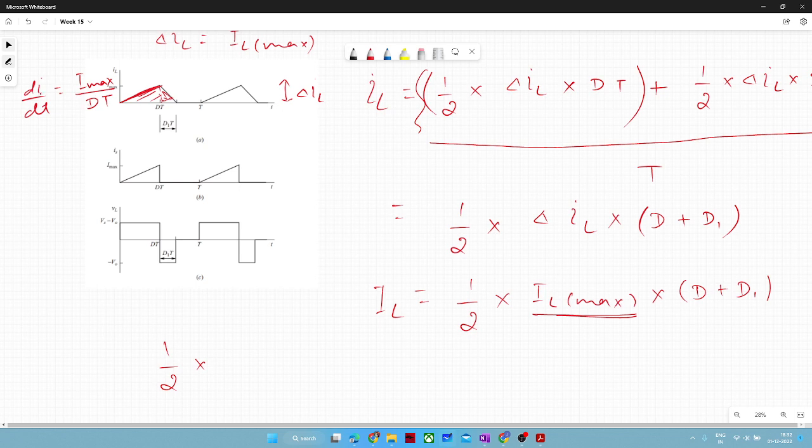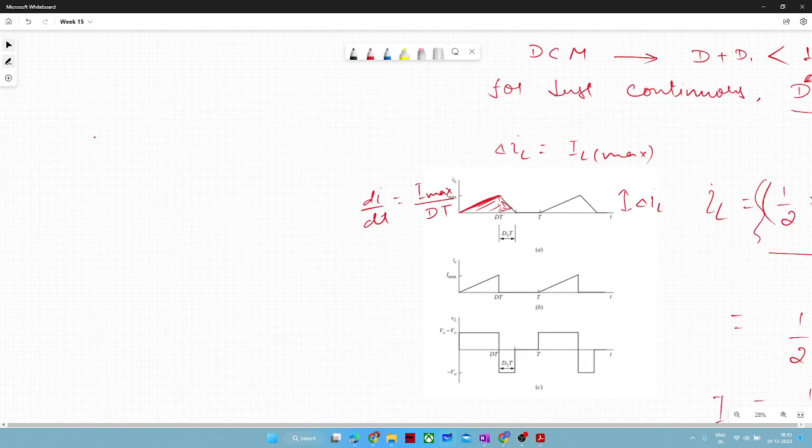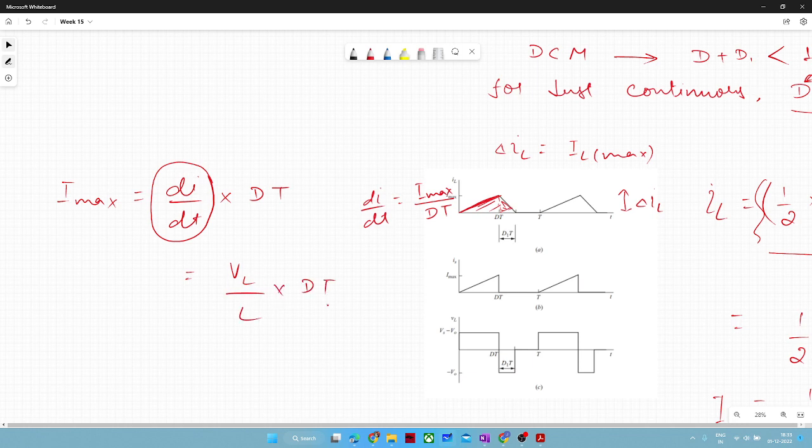Further, just simplifying it, I should not make it messy. I max is equal to di by dt into dt. And this di by dt we know that is VL by L into dt. So this I max I can write as a VL.